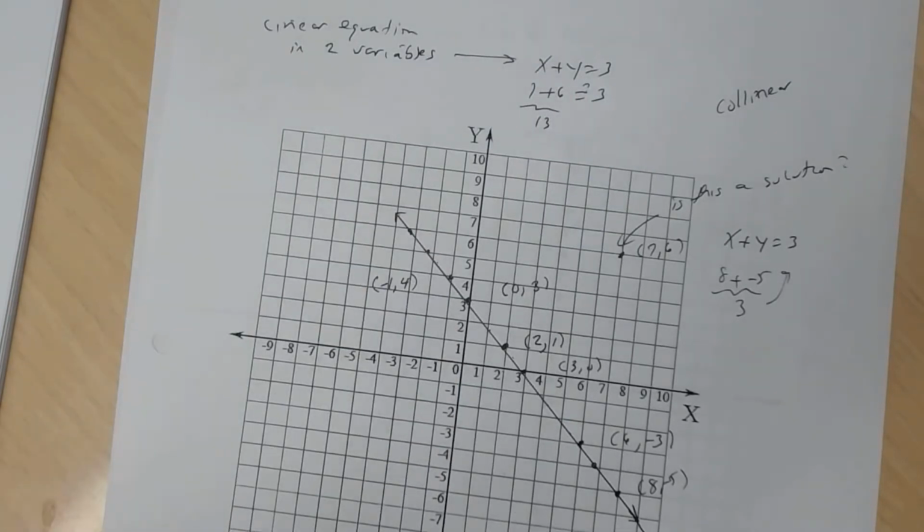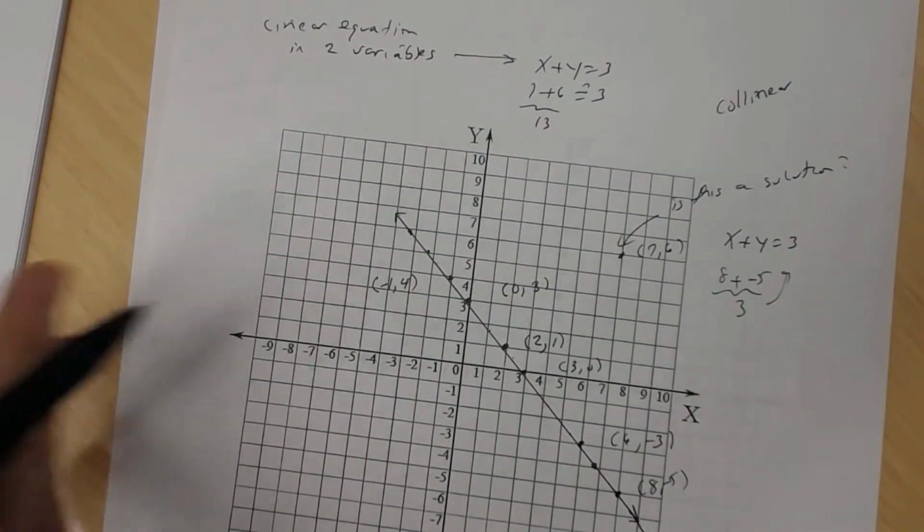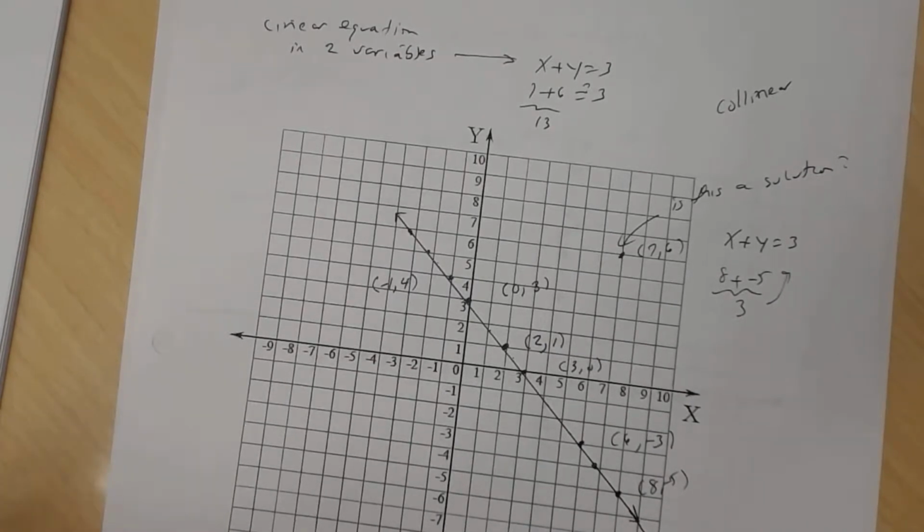In your previous lessons, you dealt with linear equations in one variable and then linear inequalities in one variable. Now we're looking at linear equations in two variables.